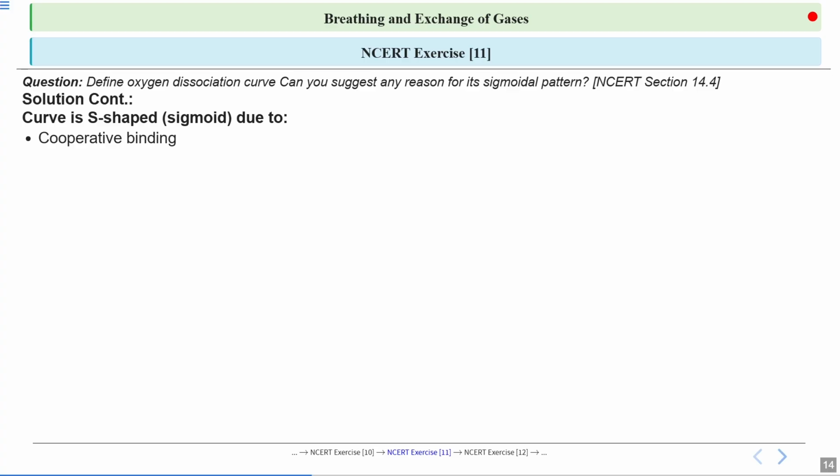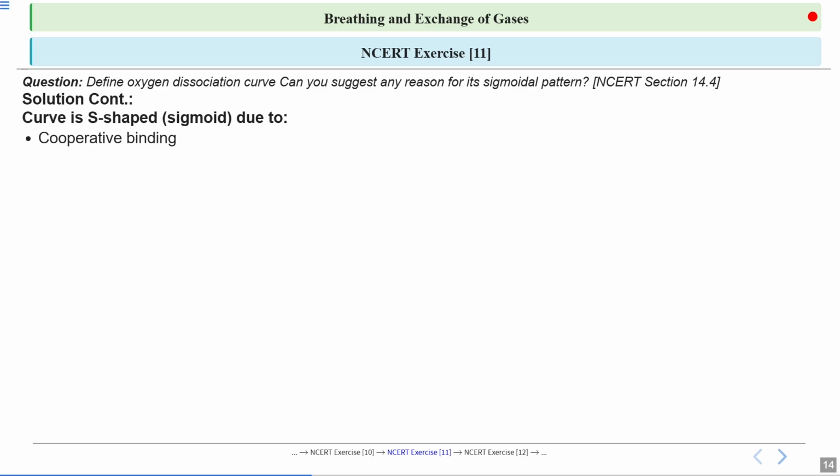Can anyone tell which thing is binding with which thing? There is a binding of something. What is binding? Oxygen binding with whom? Yes, oxygen is binding with hemoglobin.